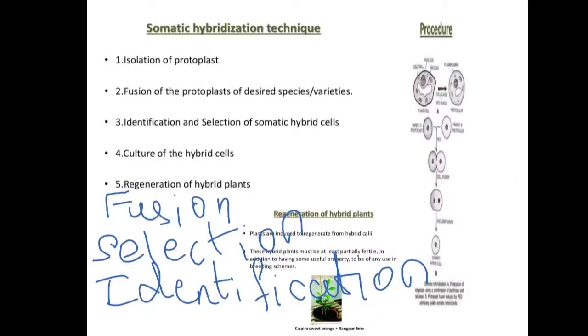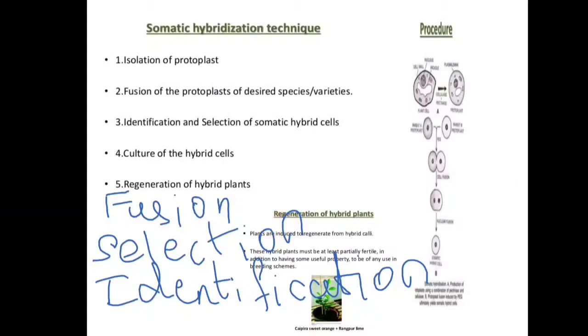After the fusion process, the protoplast population consists of a heterogeneous mixture of unfused protoplasts, homokaryons and heterokaryons. So it is necessary to select the hybrid cells, that is the heterokaryons. And the commonly used methods employed for the selection of the hybrid cells are the biochemical method and the visual method.